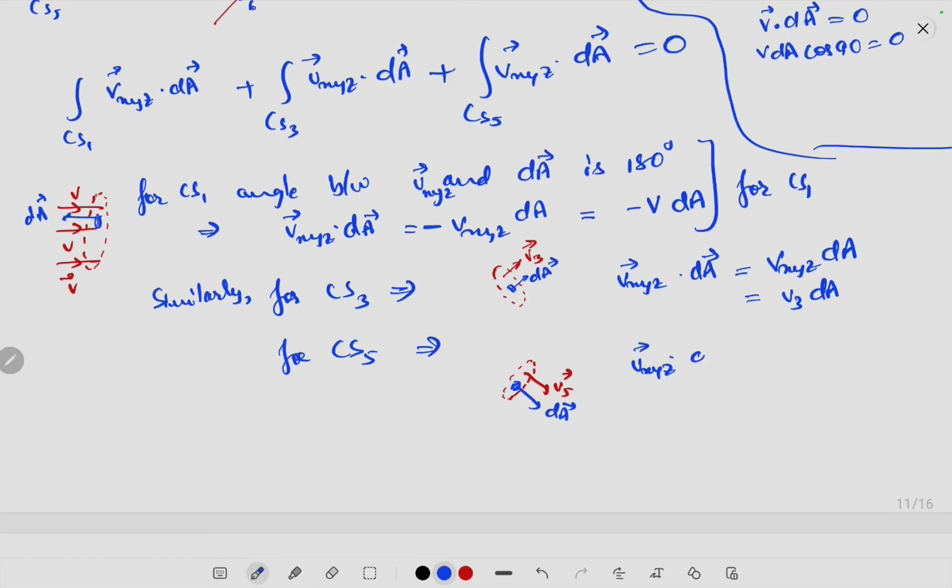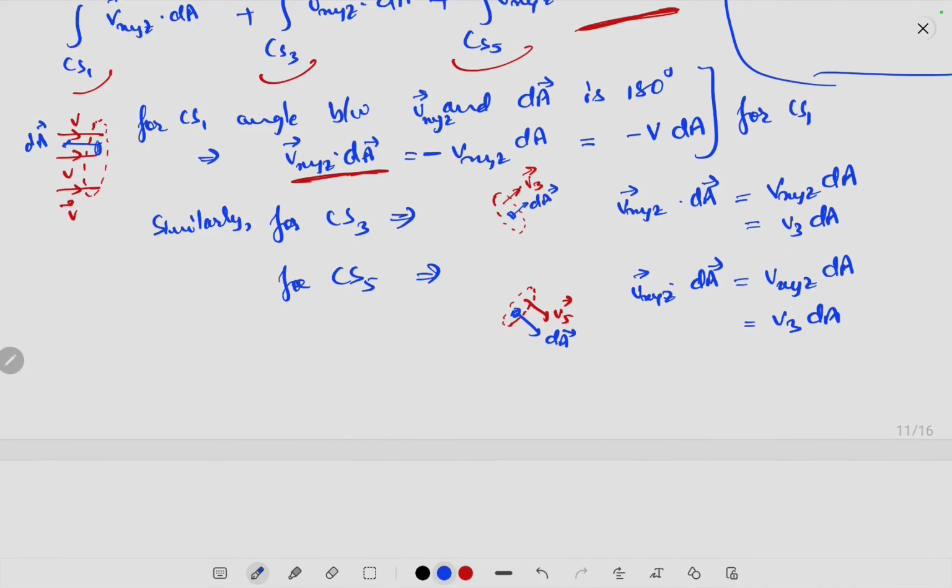Since again the angle is 0 degrees, I can write Vxyz dA, and Vxyz is v5 here, so v5 dA. So let's use Vxyz vector dot dA vector for CS1, CS3 and CS5 in this equation. Let's do it quickly.